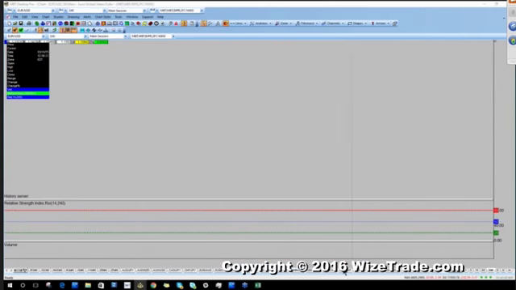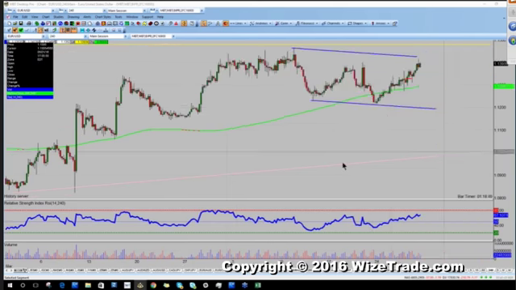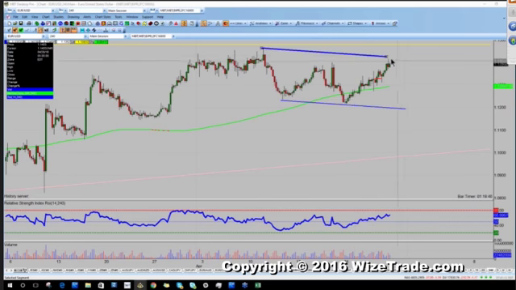What I did is I took a 4-hour chart and I connected these lows here, and then I put the same up here. And what that does is, interestingly enough, it took us right to basically the spike highs, roughly.